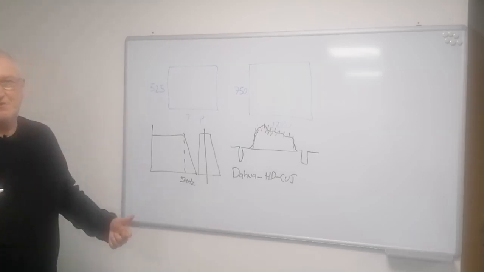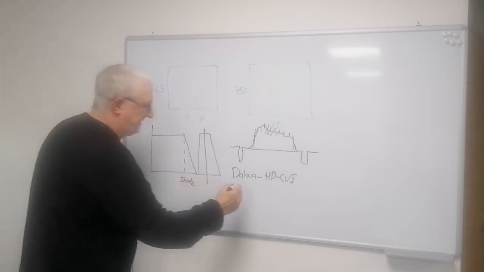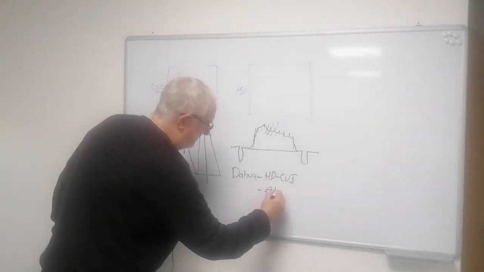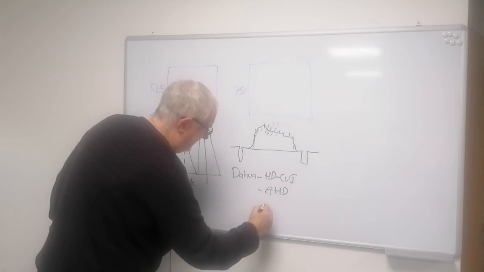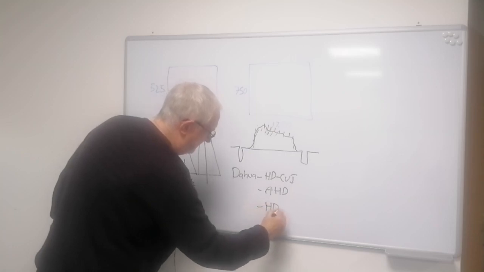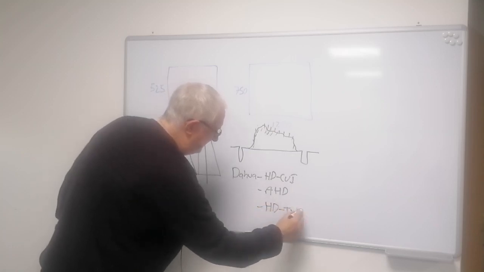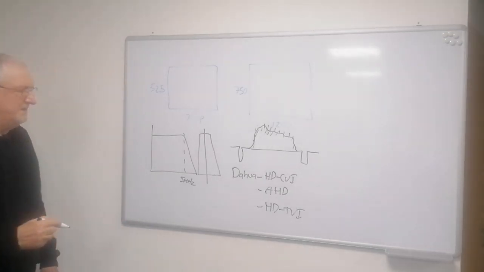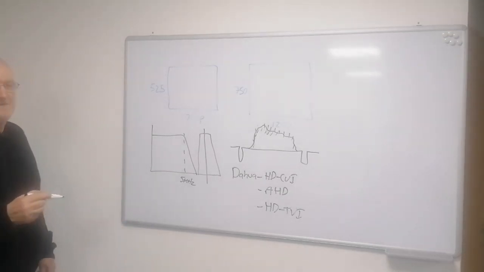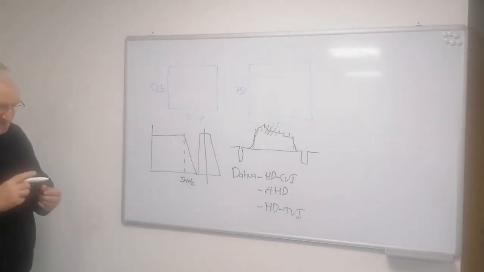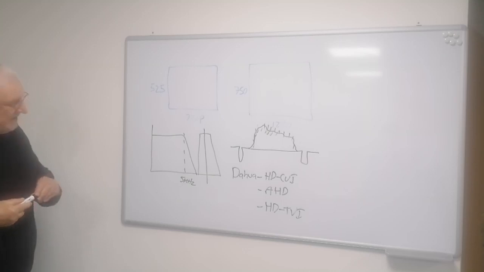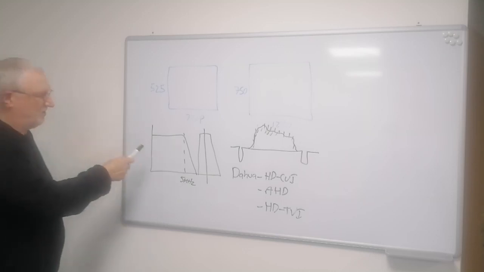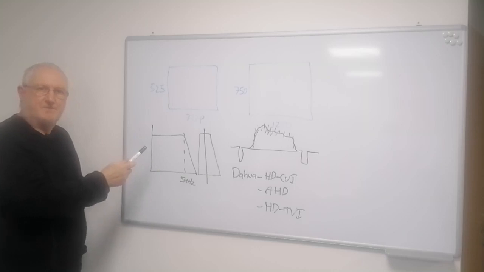I'm not quite sure who came second, but as you know, we have AHD and we have HD-TVI. Now, none of these companies actually provide you with specifications, but they all work on exactly the same principle.